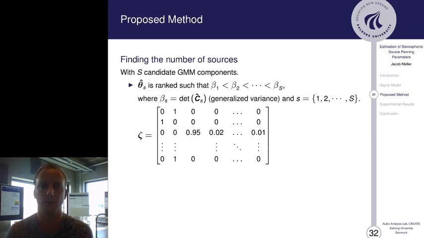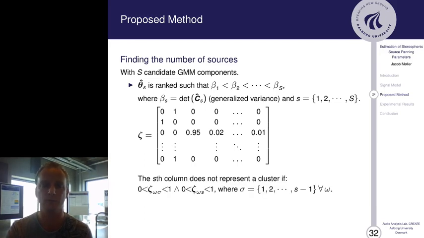In this example we can see there are 2 clusters, because in the third column we have a number between 0 and 1, which means that this specific observation is not uniquely assigned. Therefore, we choose the first 2 columns as the first 2 clusters, the only 2 clusters. This can also be described as shown in the bottom here. There's no need to go into detail with that.